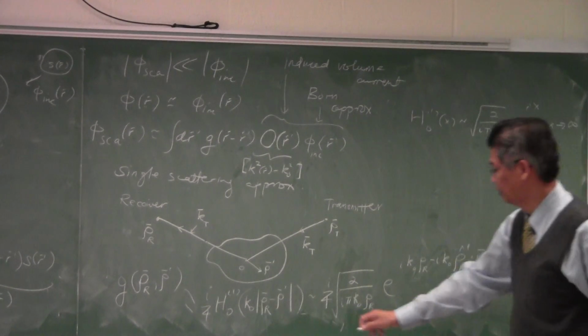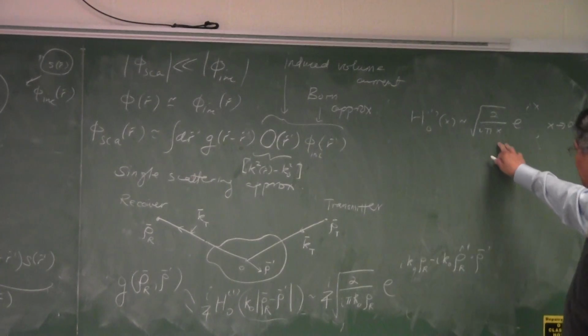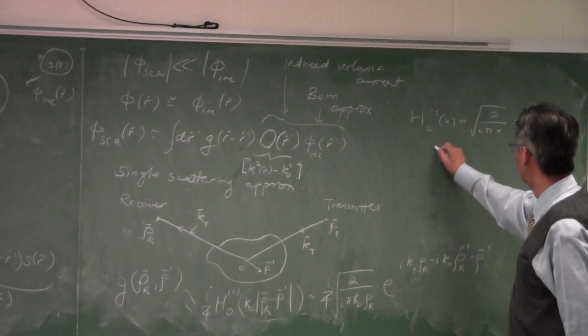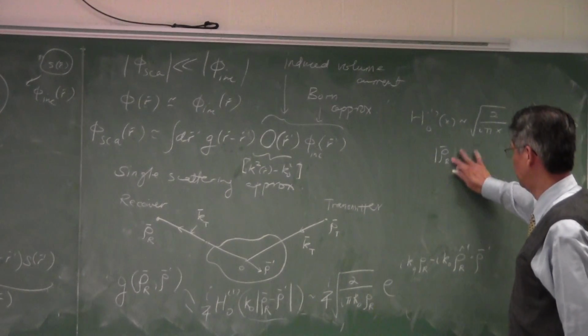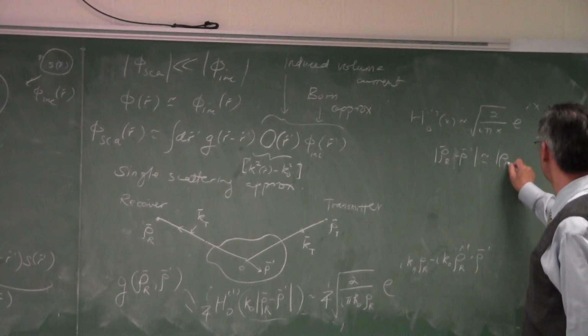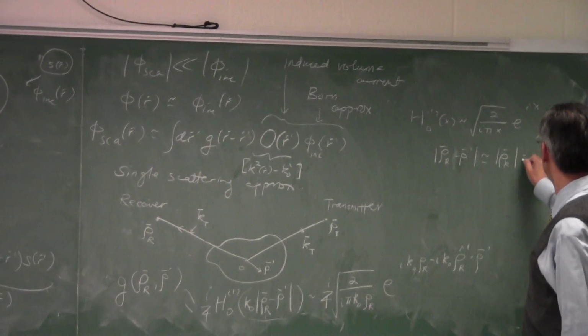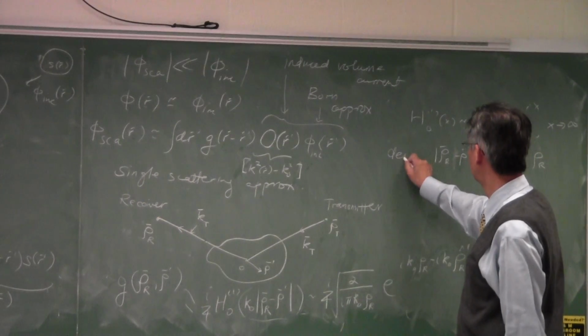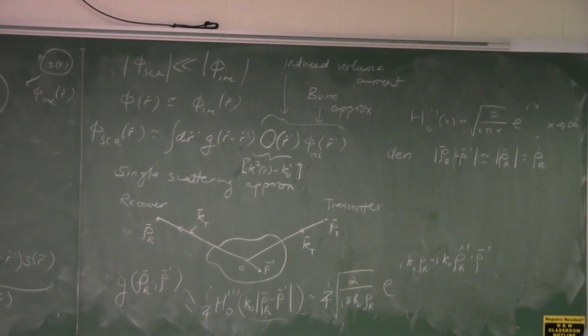And then you plug in x with this value. And in the denominator, you just replace it with rho r. Okay, so this denominator becomes this one.